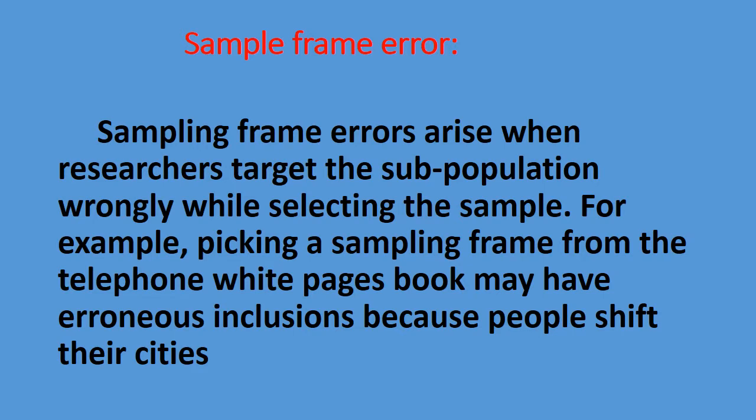But in some cases, if the researcher makes a mistake when targeting the subpopulation, he or she may wrongly select the sample. Picking a sample frame from telephone and white pages books may have erroneous inclusions because people shift their city.